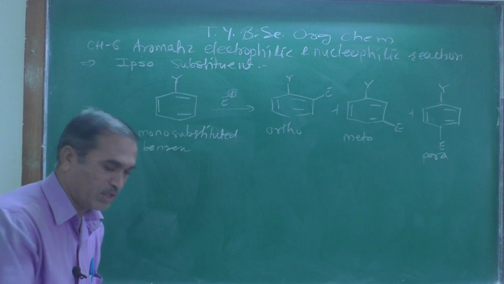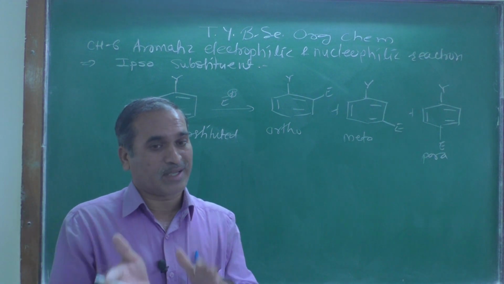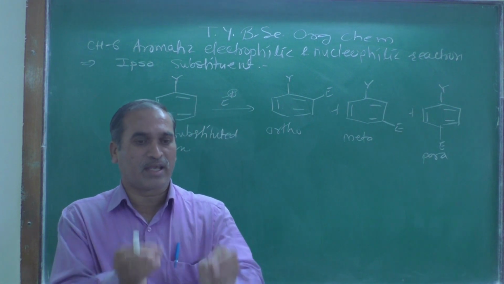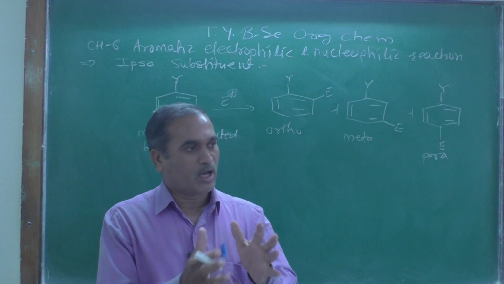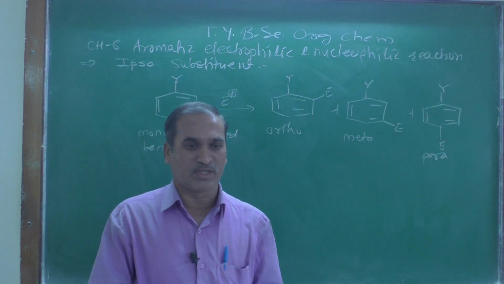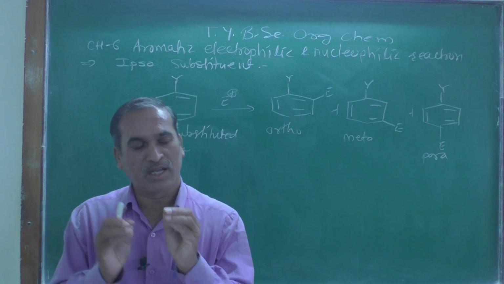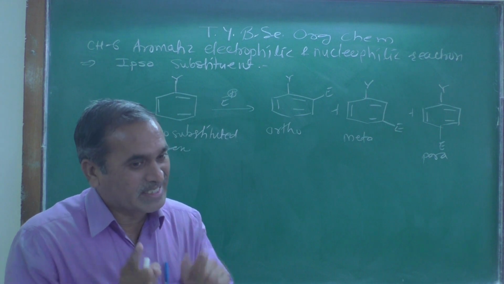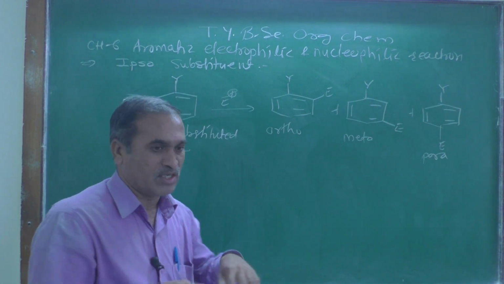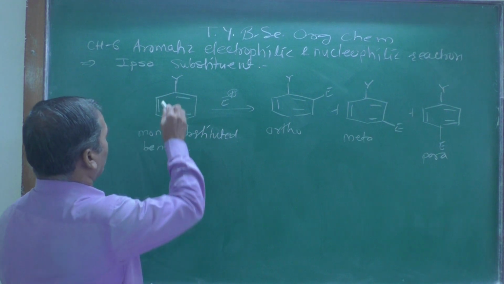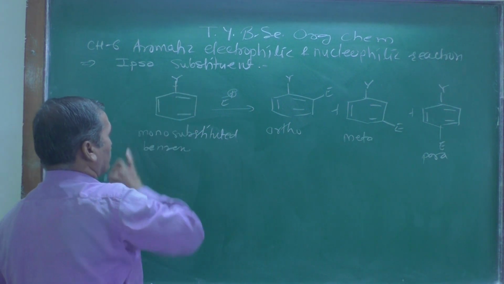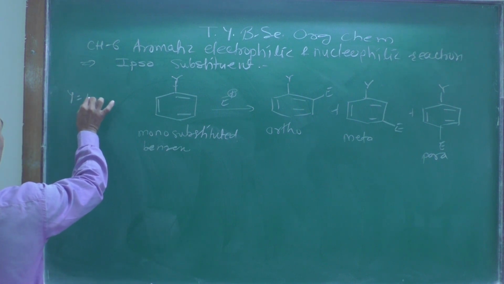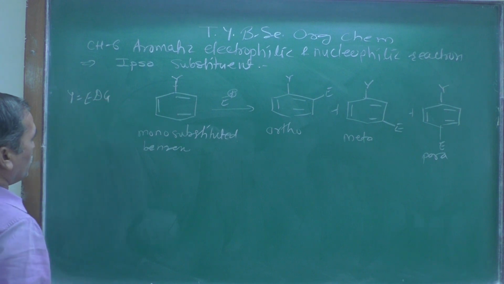We don't know the nature of that Y here, but as per whatever we have learned regarding aromatic compounds, a monosubstituted benzene undergoes electrophilic substitution reaction more readily or more easily. Why? Because benzene itself is nucleophilic in nature, but it depends upon the nature of Y. Suppose the nature of Y is an electron donating group.